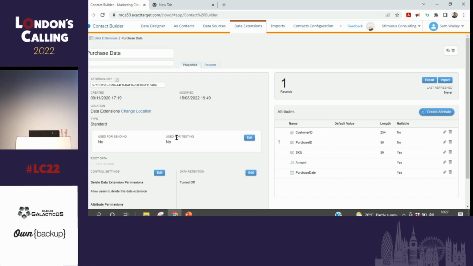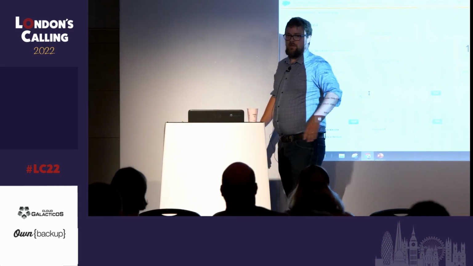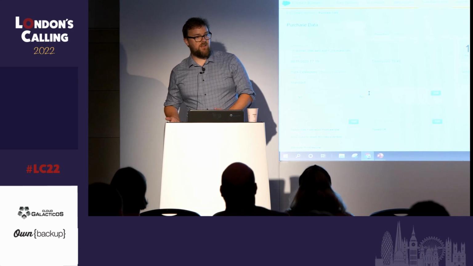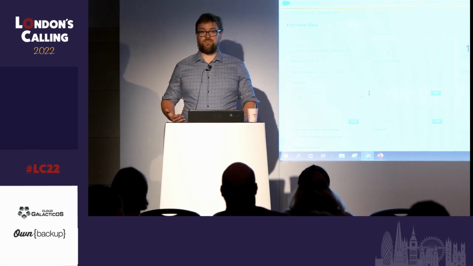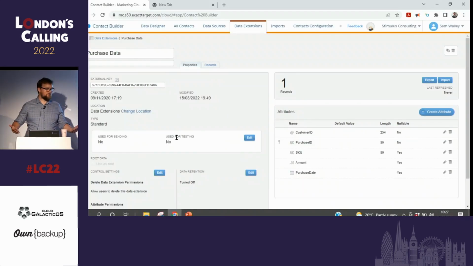Information about the purchase: the purchase ID, the SKUs, amounts, purchase dates. Of course, we have the customer ID, because that is how this data is related to the contact. Straightforward enough? Yeah. So with that in mind, the next step is to start building it.